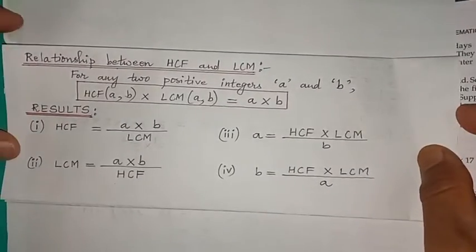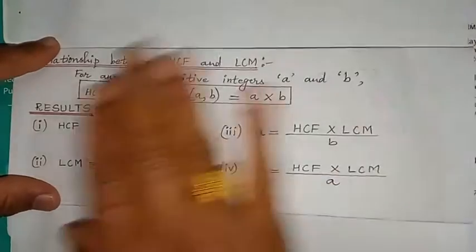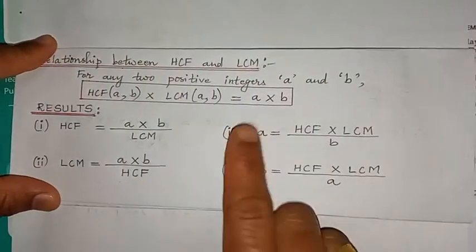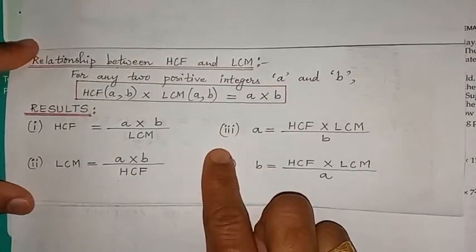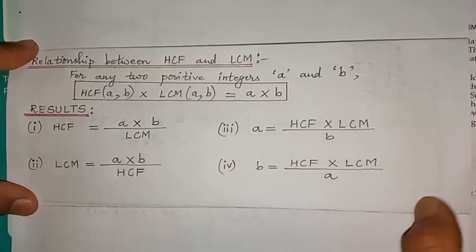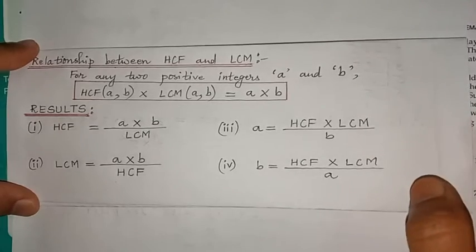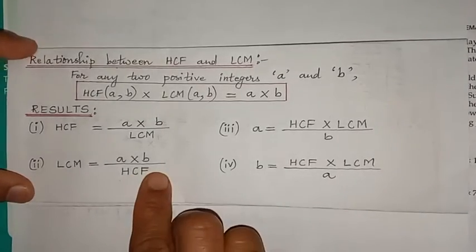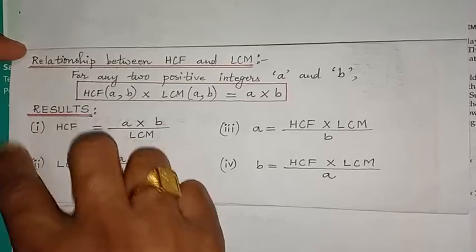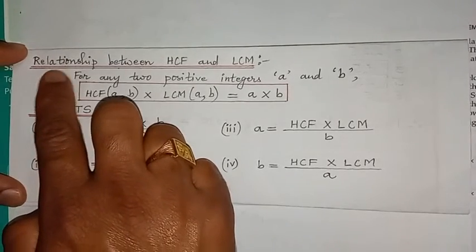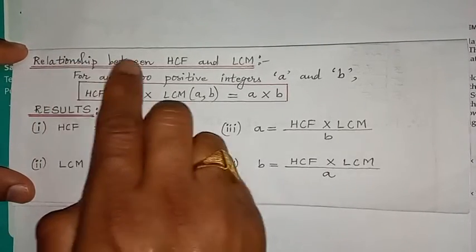Please see carefully, students. You have to try to understand and remember this. I explained this in the last video also, when I was explaining the application of the fundamental theorem of arithmetic to find HCF and LCM for question number 4. Here the topic is the relationship between HCF and LCM.